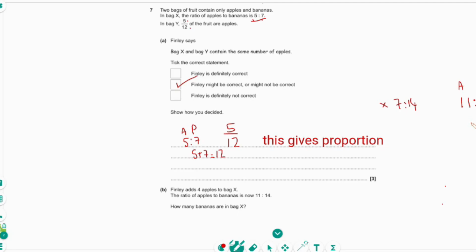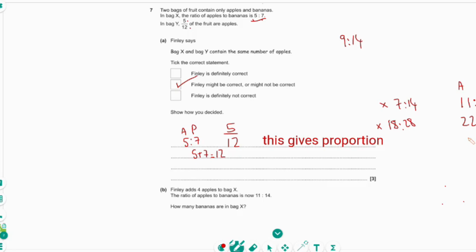So we're going to continue and look at multiples of this ratio. If I times them both by 2, I get 22 apples, 28 bananas, which would simplify to 11 to 14. But I've added 4 apples. Let me take 4 apples off, which gives 18 to 28, which simplifies to 9 to 14, which isn't 5 to 7, so it's not that one either.